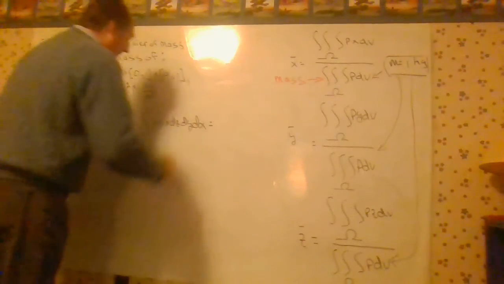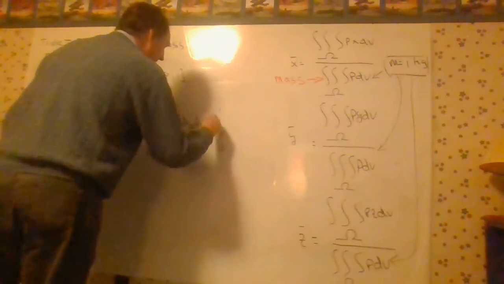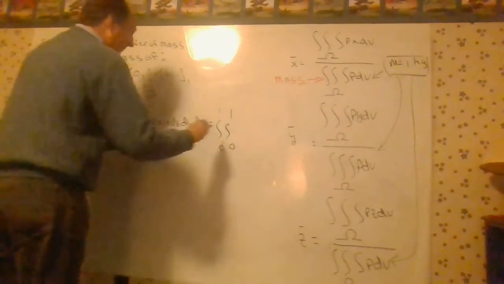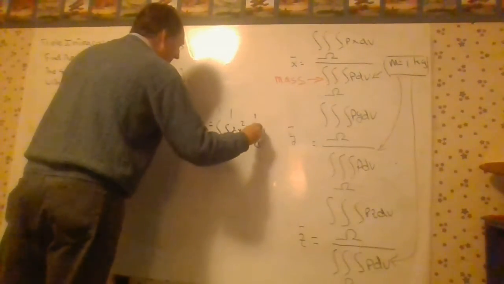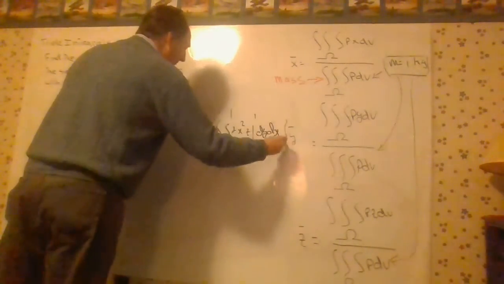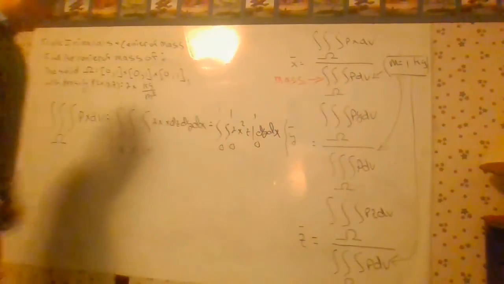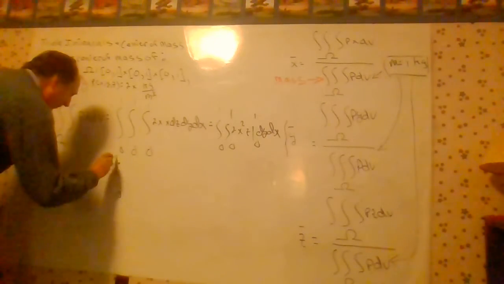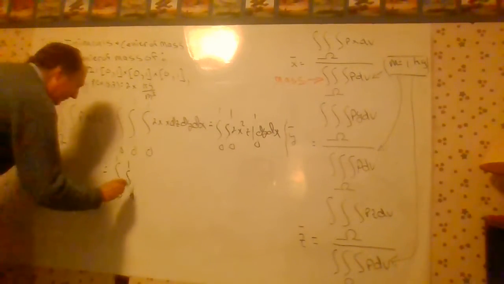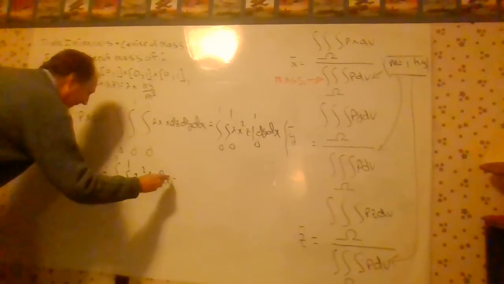So in any event, we have 2x squared dz, integral 0 to 1, integral 0 to 1, 2x squared z from 0 to 1, dy dx. Plug 1 in, we just get 2x squared. And so we get the integral 0 to 1, integral 0 to 1, 2x squared dy dx.